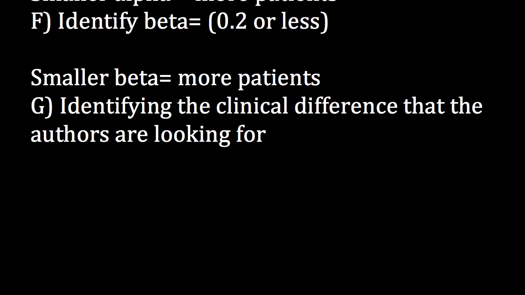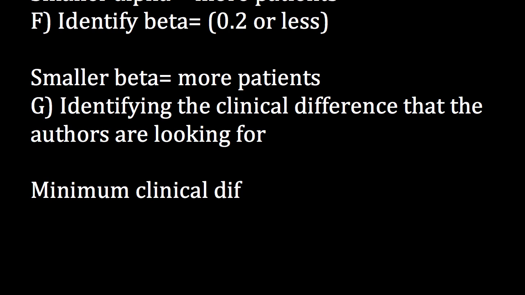So you need to make sure that you agree with what they think the minimum clinical difference is. So you'll be looking for the minimum clinical difference, and this should be established by the authors. There's no black and white rule here.